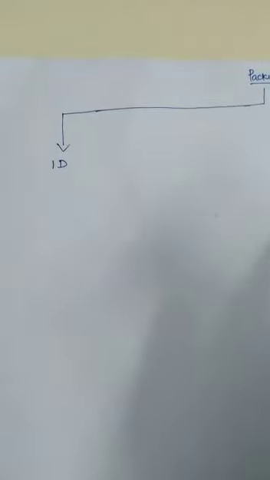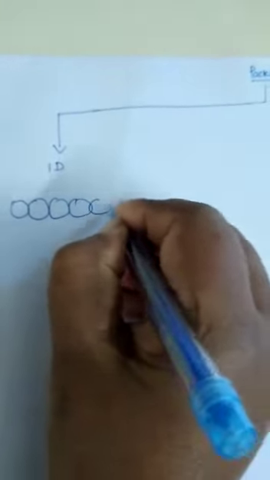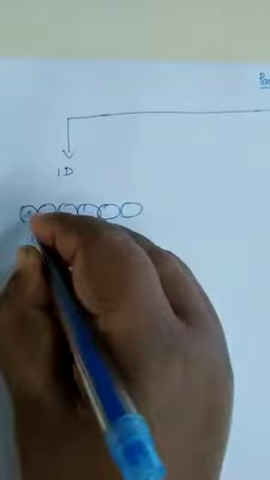In 1D packing, how are atoms, ions or molecules arranged? There is only one way we can pack in one dimension, because there is only one direction. I'm drawing atoms 1, 2, 3, 4, 5, 6. If I take this as the origin, consider it as length.